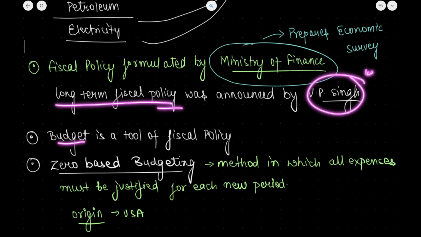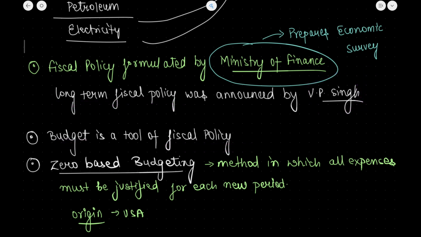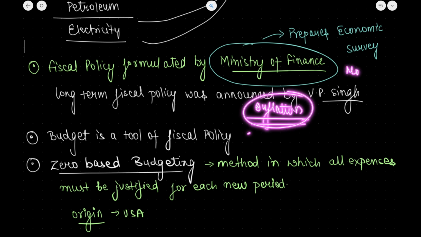Now, budget is a tool of fiscal policy. As I told you, for controlling inflation, there are basically two types of policy. Now, I have to dedicate a separate chapter to how monetary policy and fiscal policy work. I will make a separate chapter if you all tell me to do so. But in short, for controlling inflation, there are two-fold efforts.